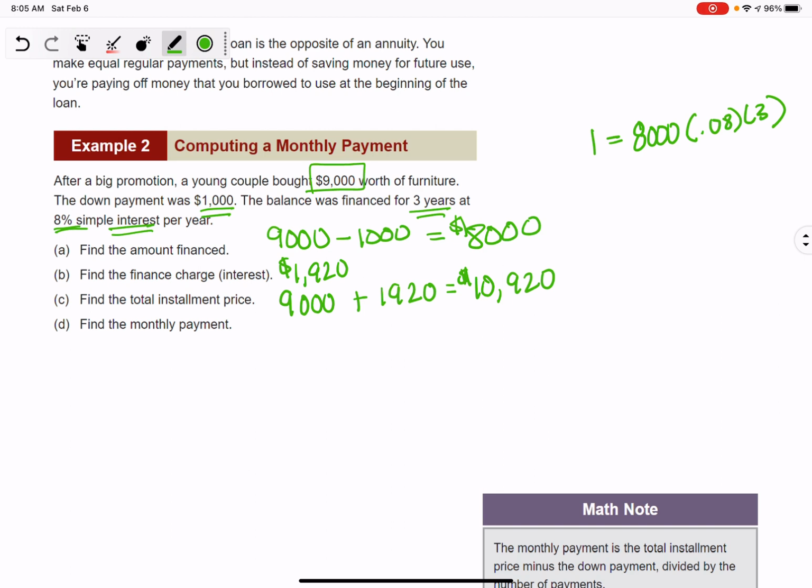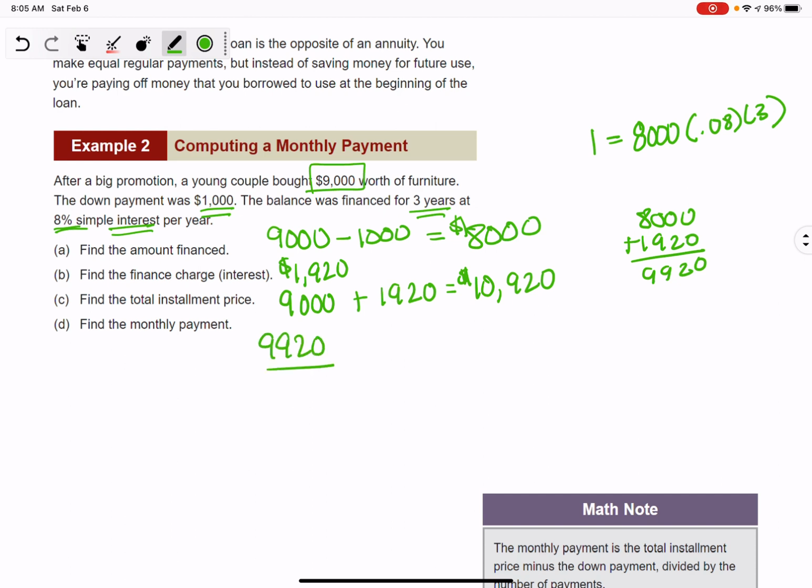Okay, to calculate the monthly payment, we're going to divide the amount financed plus the finance charge. So we're going to divide the amount financed, which was the $8,000, plus the finance charge, which is $9,920, by the number of payments.